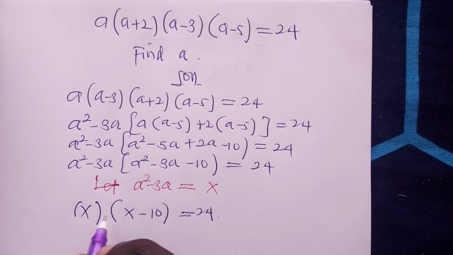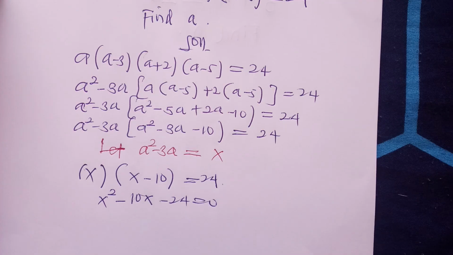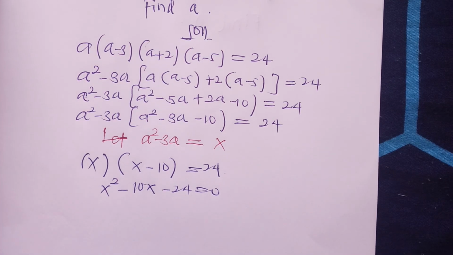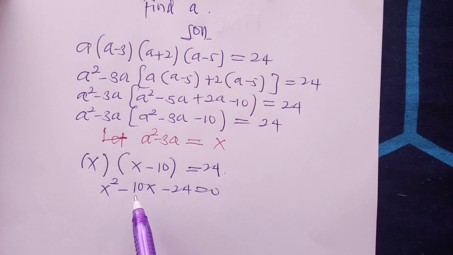Then if you are multiplying x times x, giving this is x square, then minus x times 10 giving you 10x. Then when this one is moving, you are going to have minus 24, then everything becomes 0. Now since this is quadratic equation, what are we to do? We factorize. Means we are going to use two numbers wherein multiplying 24, then using the same numbers, you are going to have 10.